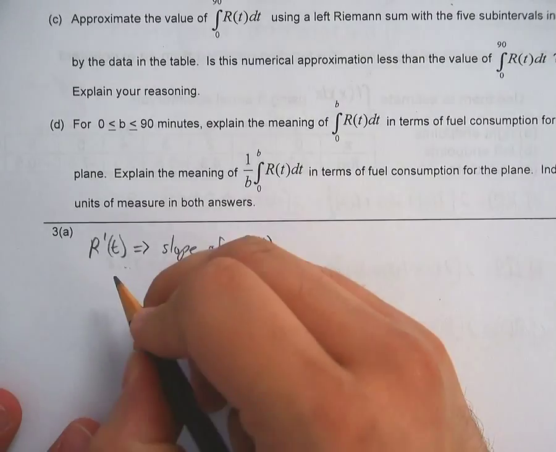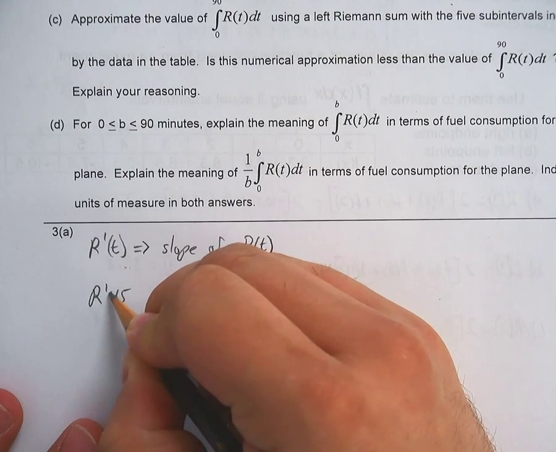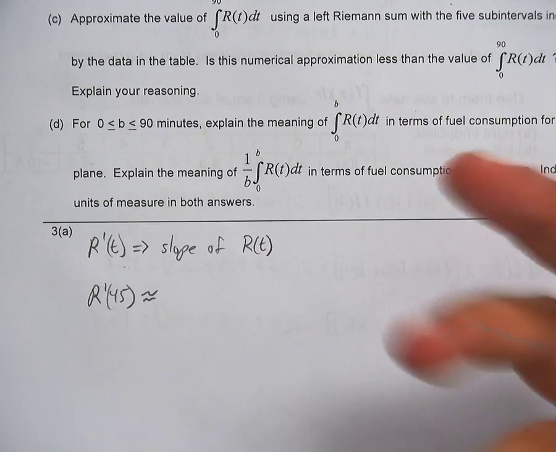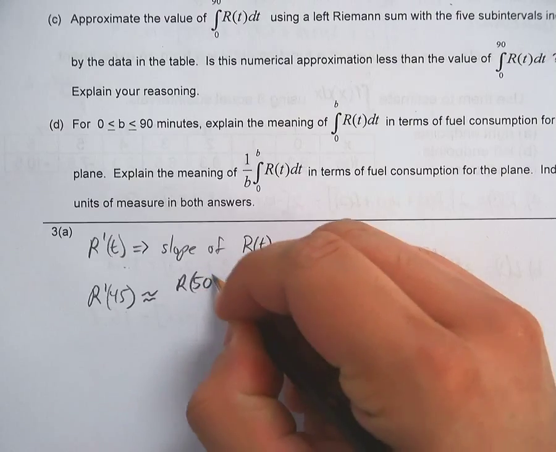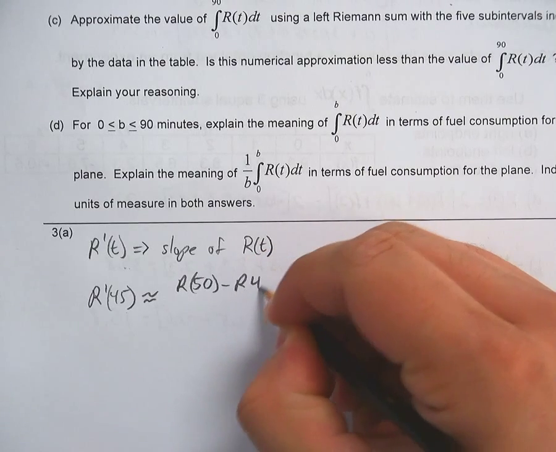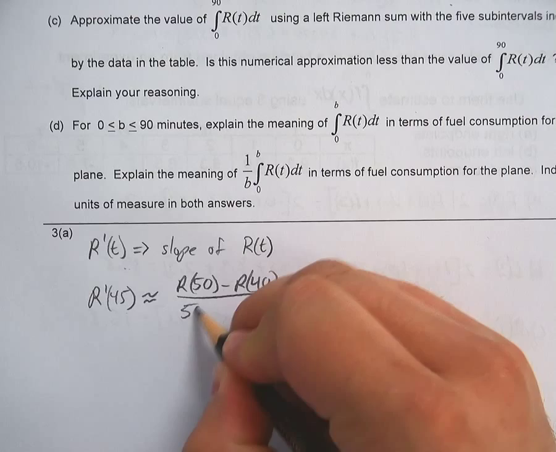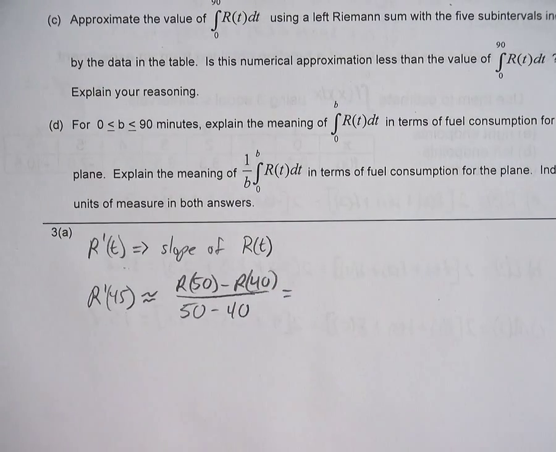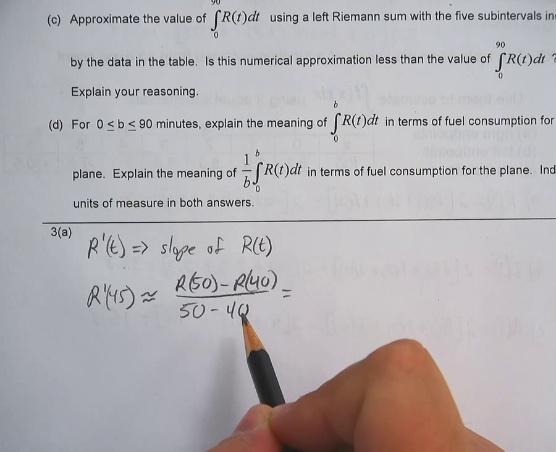R prime of 45 is going to be roughly equivalent, not equal, but approximately r of 50 minus r of 40 divided by 50 minus 40.